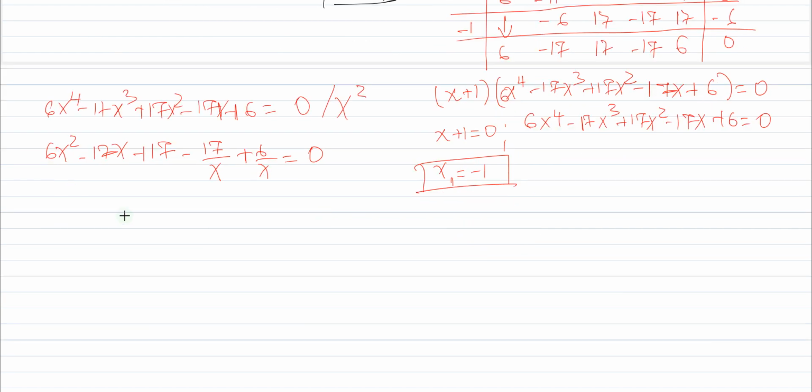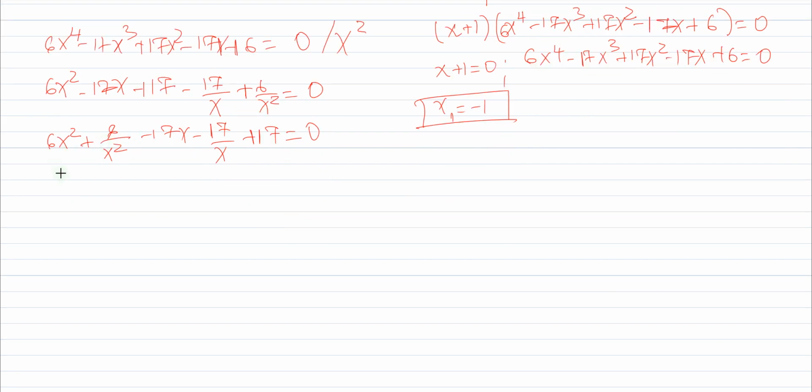Sorry, this is x squared, so here we have 6x squared plus 6 divided by x squared, minus 17x minus 17 divided by x, plus 17, and this is 0.